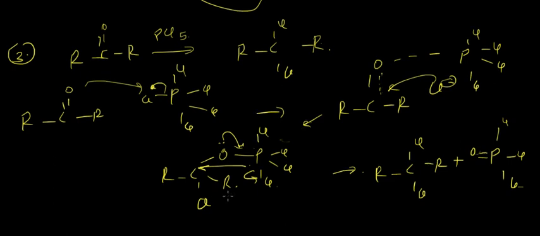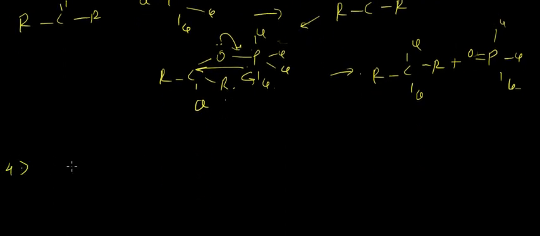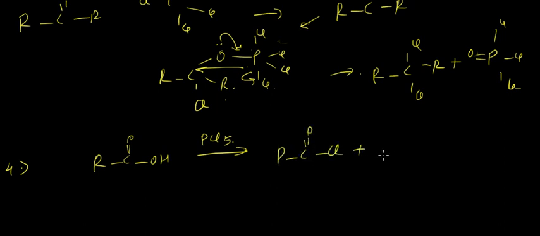Okay, so let's take a look at the fourth example. In here we have this reacting with PCl5 to form this type of product, because you know that breaking a C double bond O bond is harder than breaking a C single bond O bond.